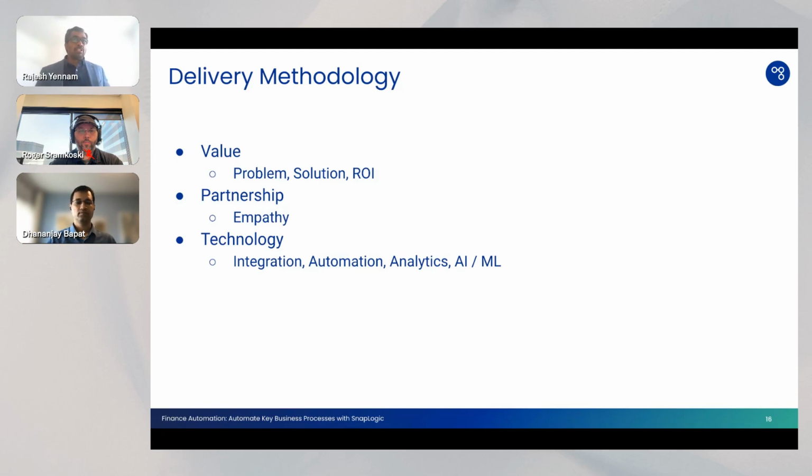In that process, it's about empathizing with our customers, so that we put ourselves in their shoes in terms of how they do their day-to-day jobs, so that we can have a clear solution for their problems.